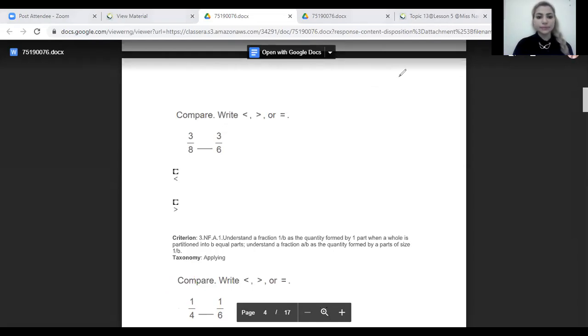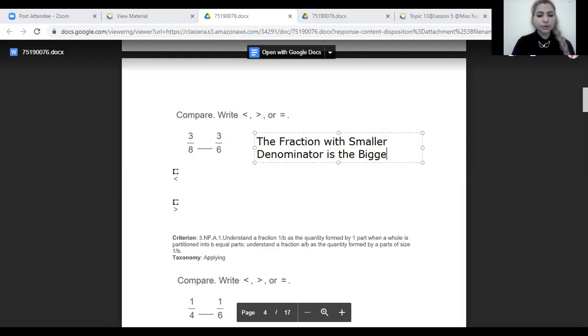Let's see here, 3 out of 8 and 3 out of 6. What is our rule? Write after me: the fraction with the smaller denominator is the bigger fraction, okay?